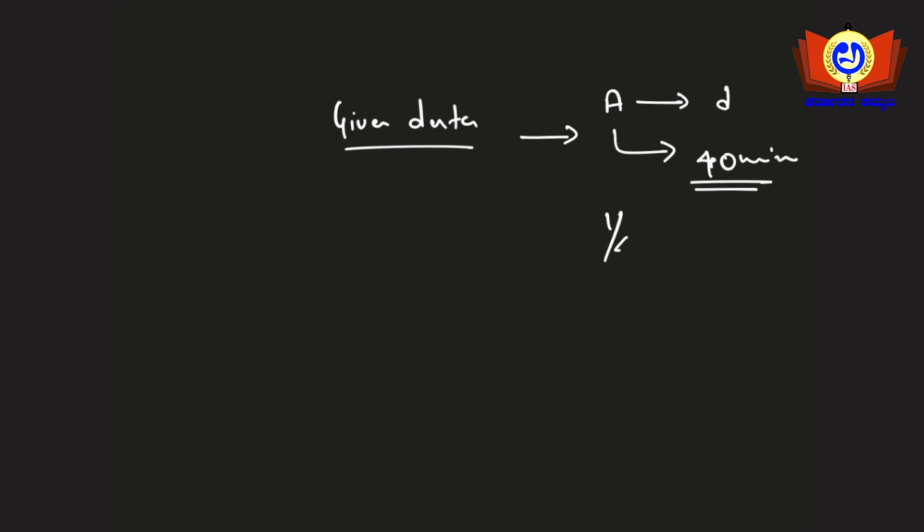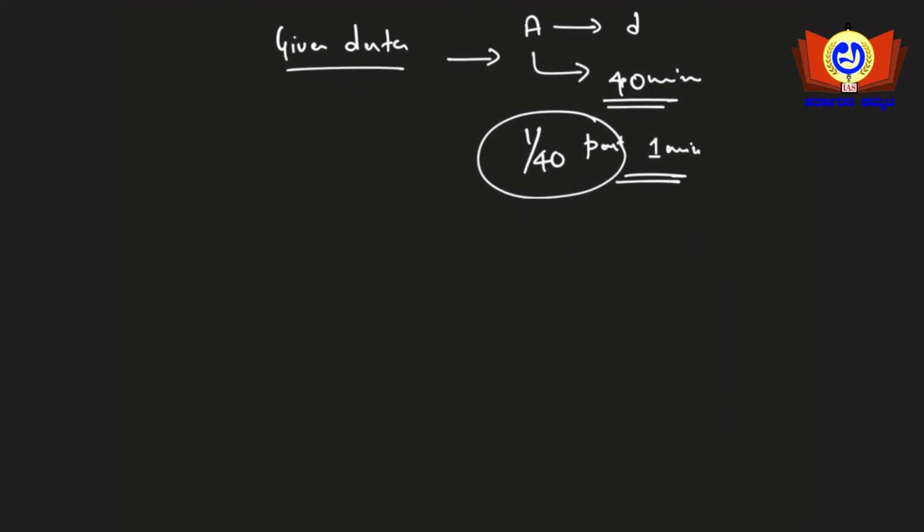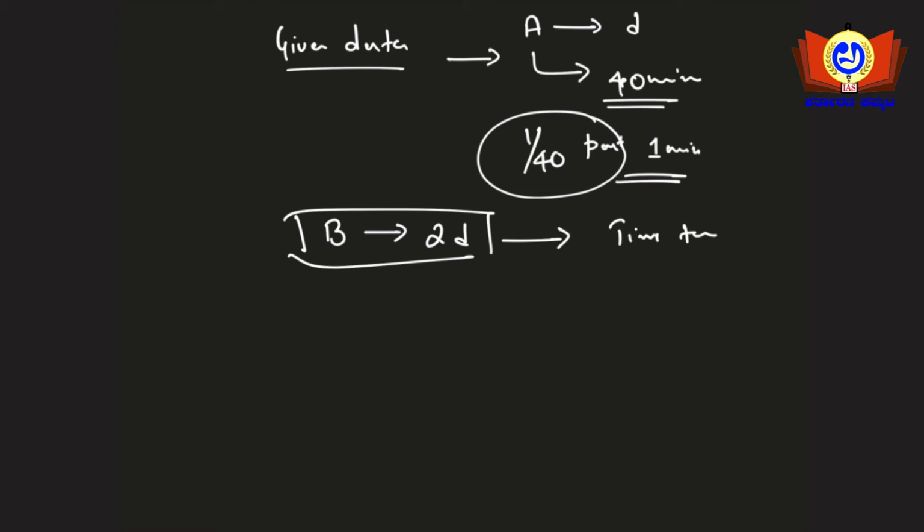So 1/40th part of the tank will be emptied in 1 minute. Yes or no? Per minute, the 1/40th part of the tank will be emptied. There is another pipe B with diameter 2D. So what is the time taken to empty the tank? This is the question.